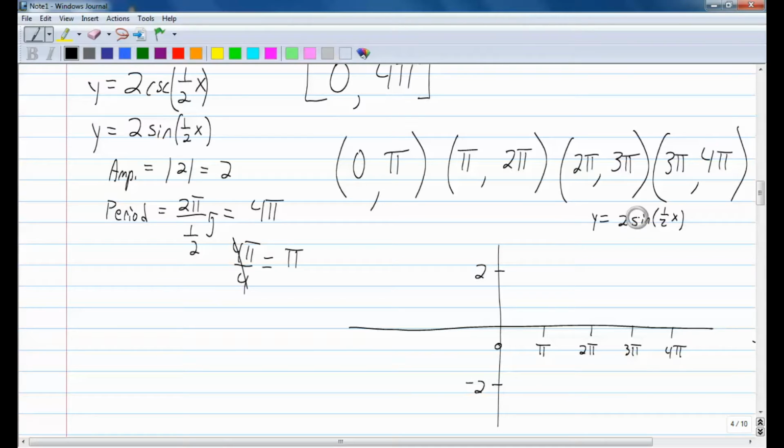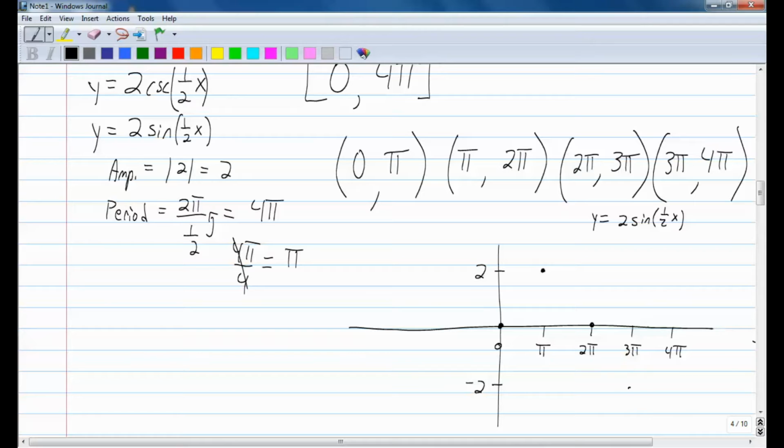Now we need to know the basic shape of the sine curve. The sine curve at 0 starts at 0 on the x and y, right at the origin. At the next significant point past 0, sine has a high point. Next significant point, sine will cross.